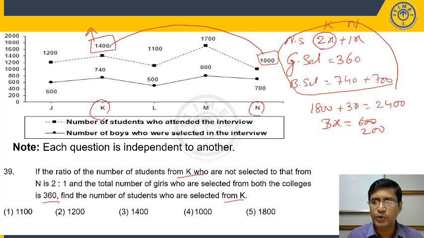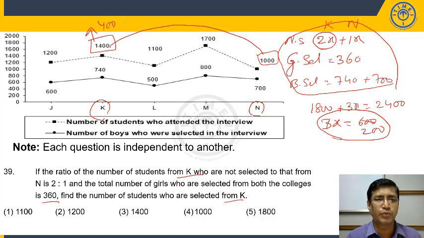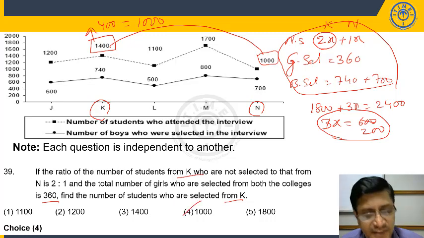Not selected is 2x, where x is equal to 200. When you subtract 2 times 200 from this, 1400 minus 400, that is 1000. So what is the number? Option number 4. Choice 4 is the right answer.